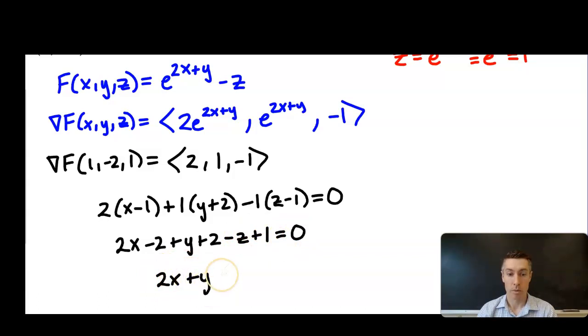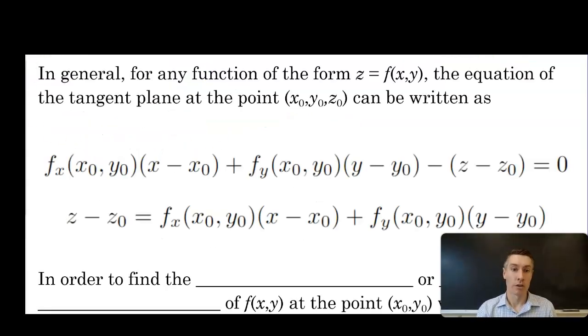So 2x plus y minus z equals negative 1. And there we have the equation of the tangent plane. Now, this was an explicitly defined function. So we're going to dive a little bit deeper into this case when we have a z equals, or explicitly defined function.